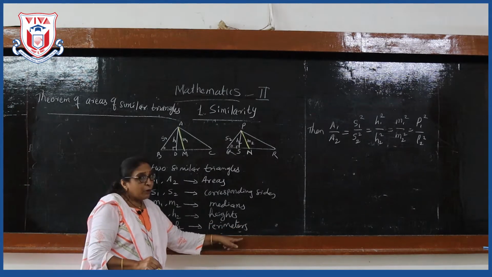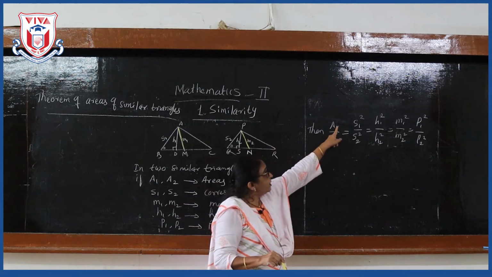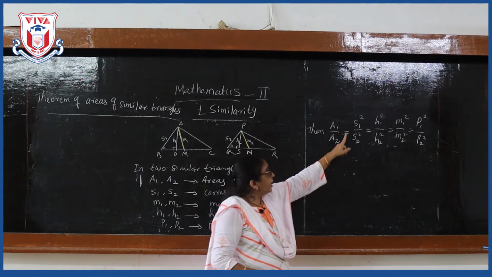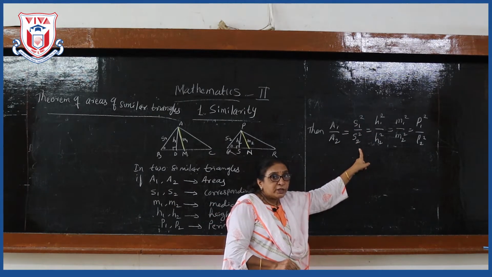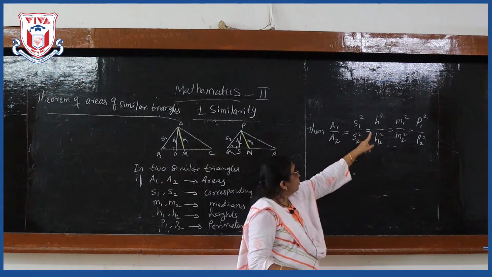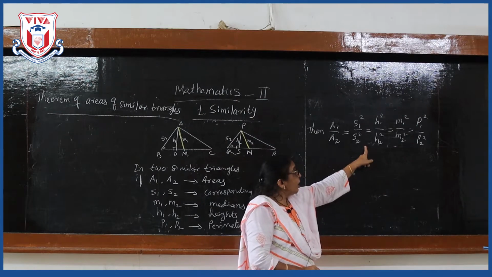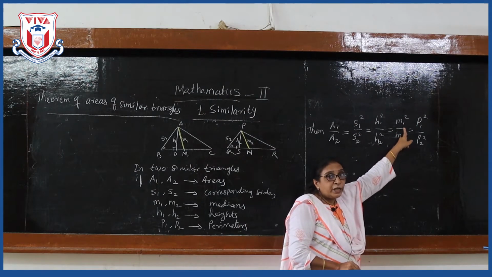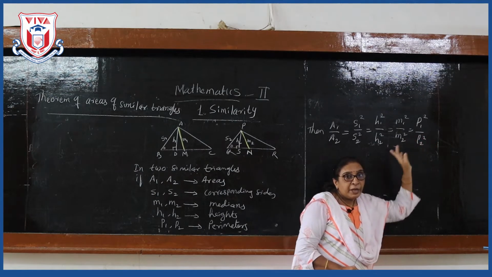Then with the help of the theorem of areas of similar triangles, A1 upon A2 is what? S1 square upon S2 square. That means square of the corresponding sides. That is also equal to the square of their corresponding heights, or square of their corresponding medians, or square of their corresponding perimeters.